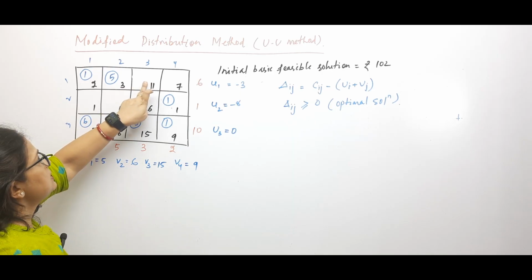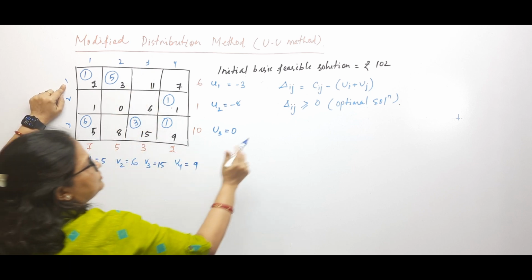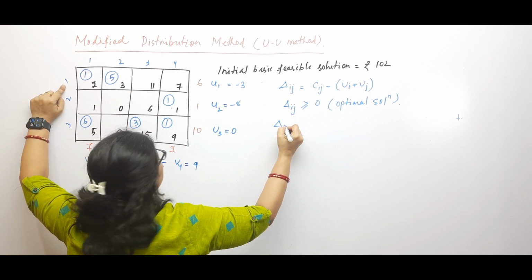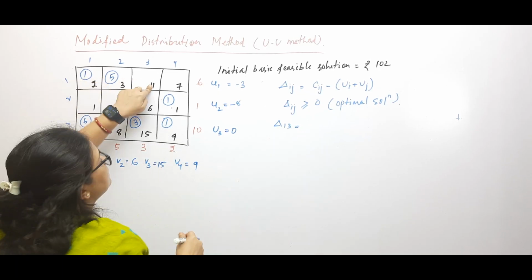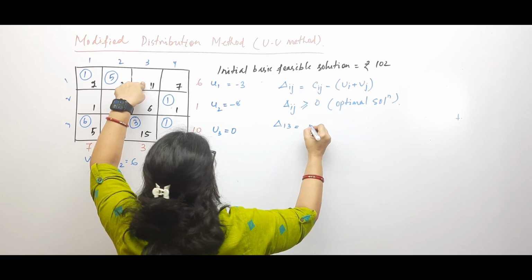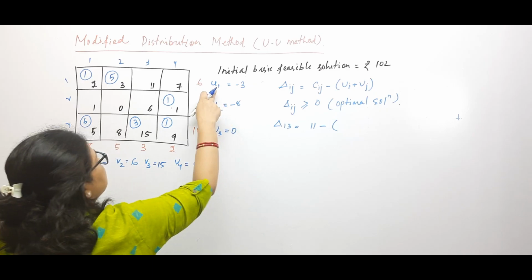So here if you see, this is first row and third column. How we are going to calculate delta first row and third column equal to, this is Cij value 11 minus Ui plus Vj. What is Ui?